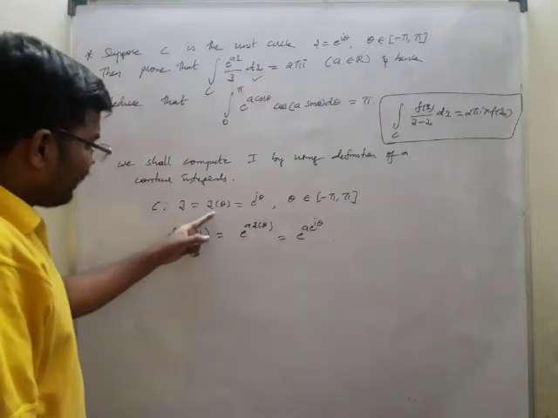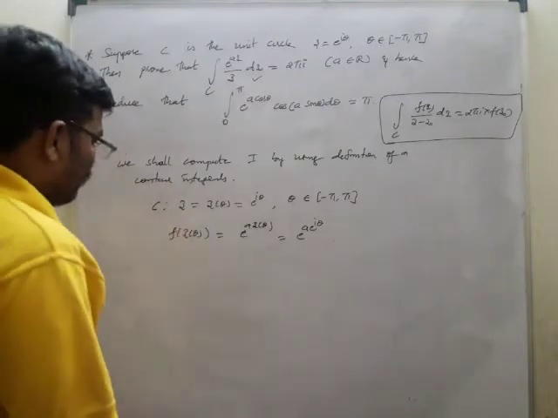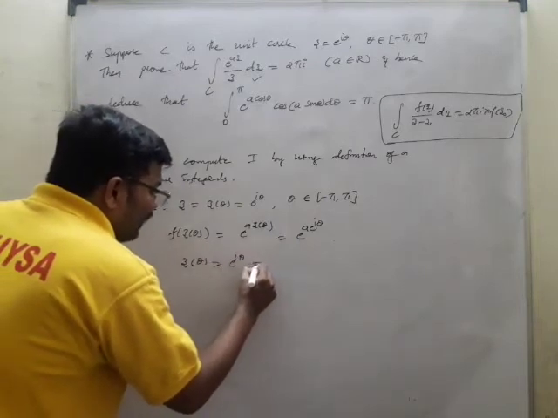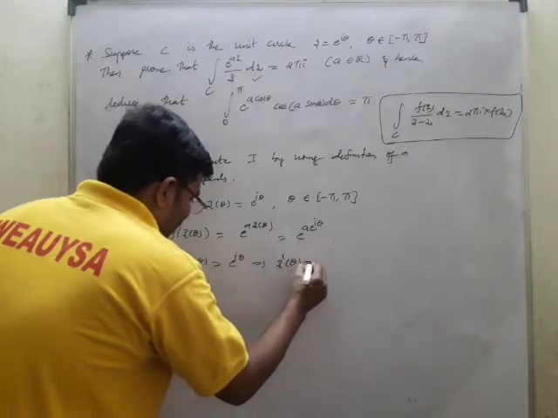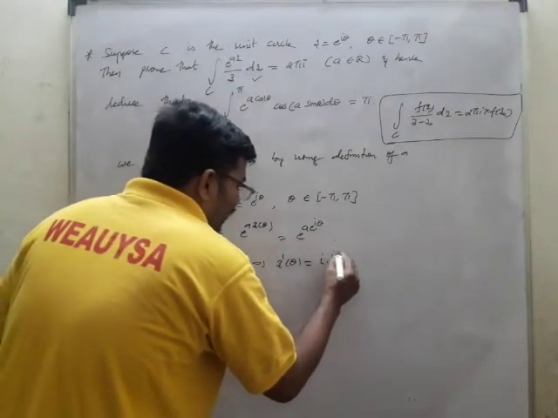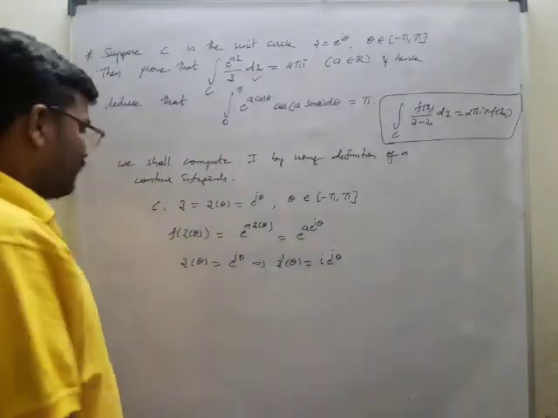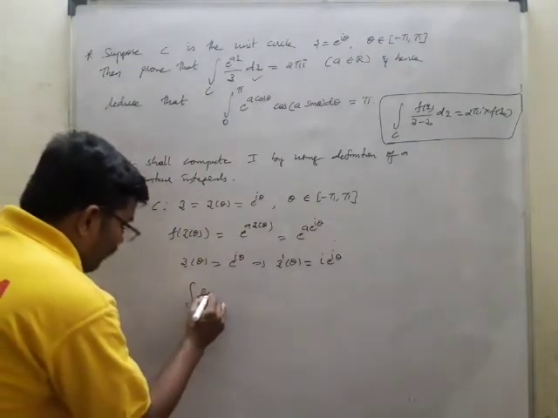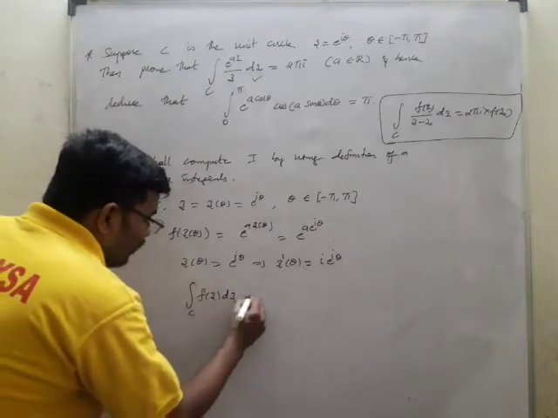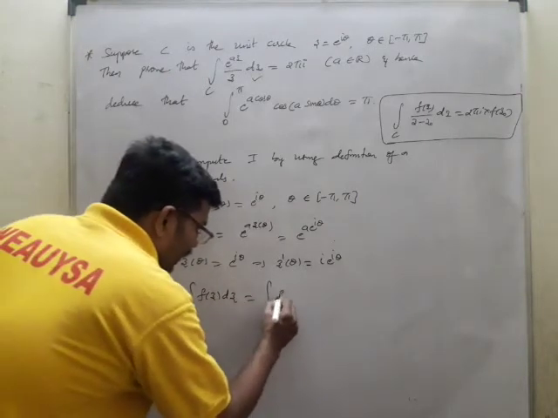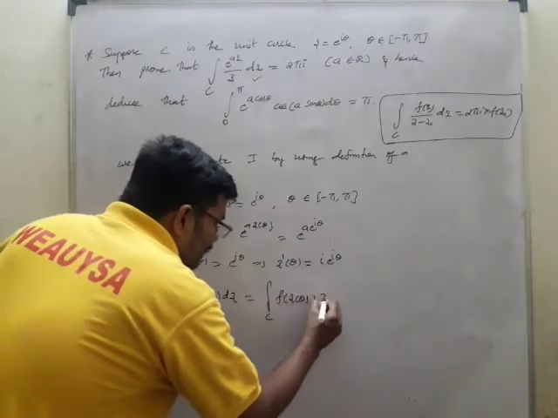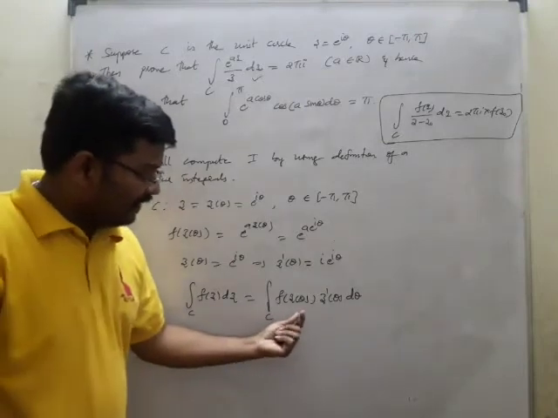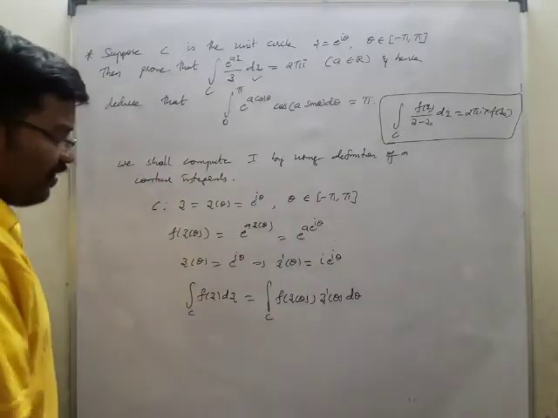From here we should also find z dash of theta. z(theta) is equal to e^(i theta), and z dash of theta is equal to i times e^(i theta). Now the integral over C of f(z) dz is equal to the integral of f(z(theta)) z dash(theta) d theta. This is the formula which we already have for contour integrals.